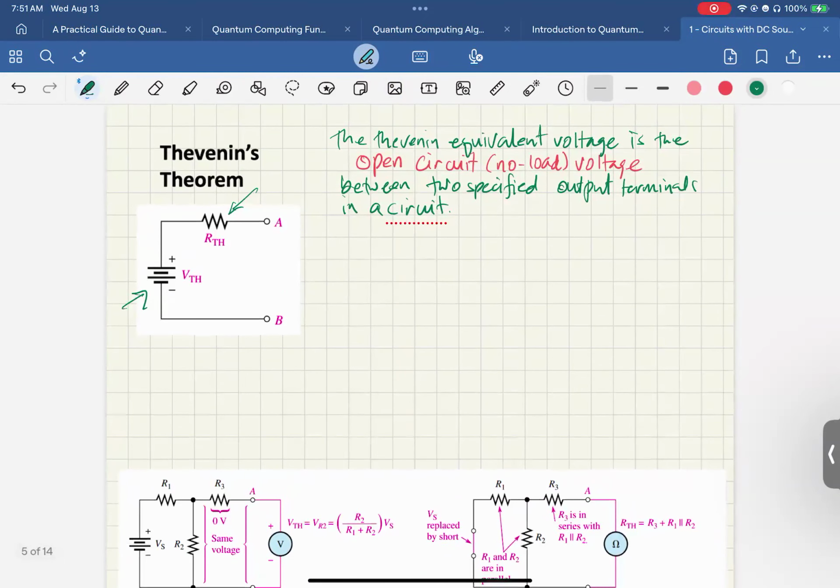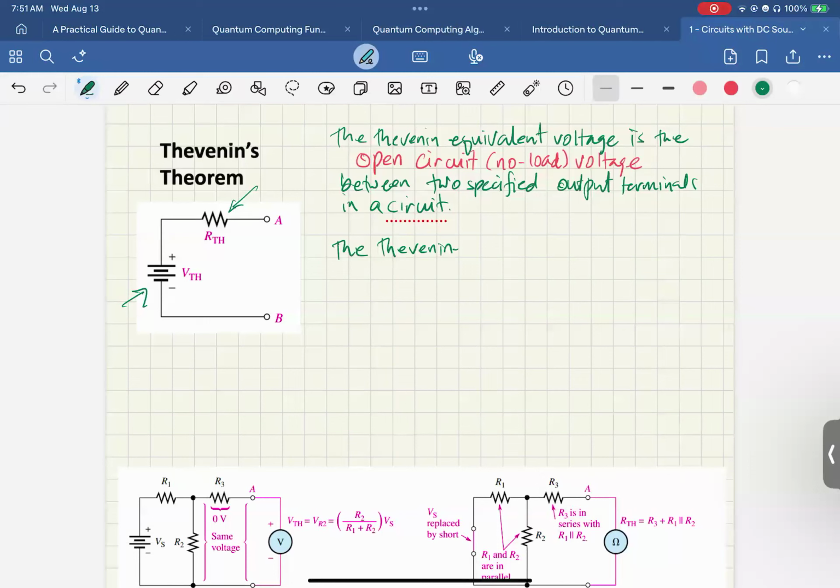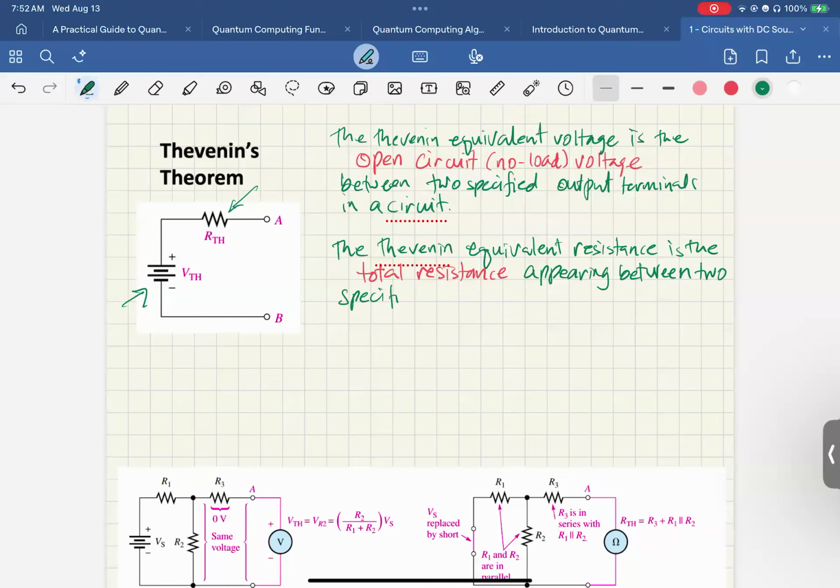Okay, and then, yung Thevenin equivalent resistance is the total resistance appearing between two specified output terminals in a circuit.